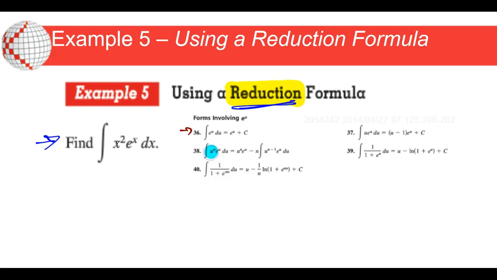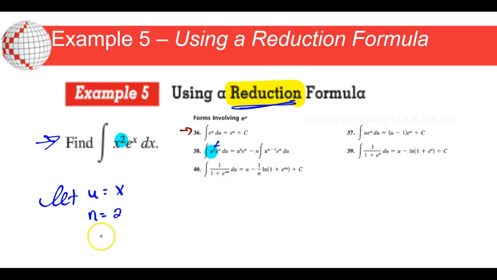And because u is being squared, I'll probably use 38 first. I might have to repeat something, and then go back and use another formula, which you haven't seen yet. So I'm going to let u equal x. And in the formula I have an n, and it looks like n is 2.